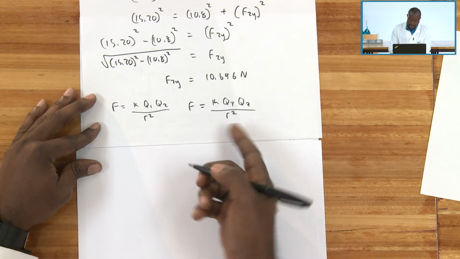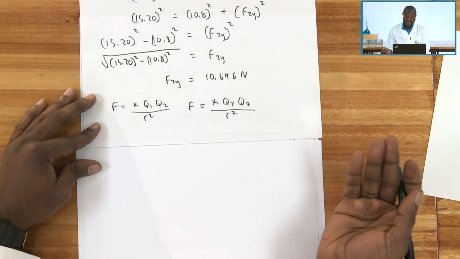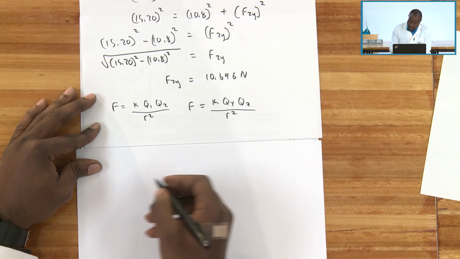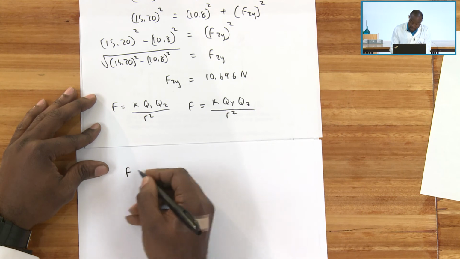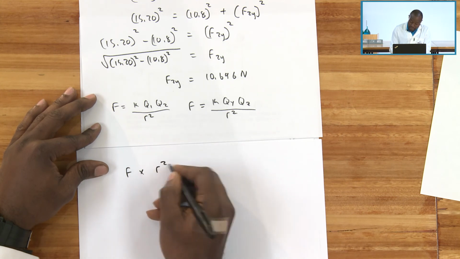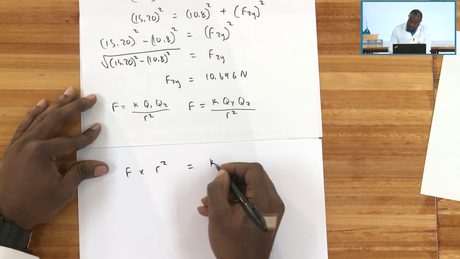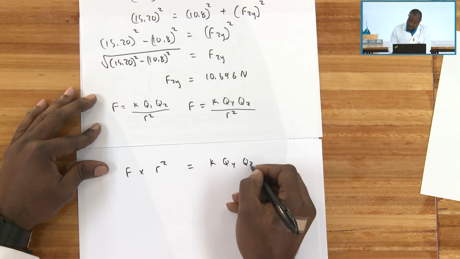So firstly, I'll just rearrange this to make QZ the subject of the formula. So we multiply both sides by R squared. So we have F times R squared is equal to K QY QZ.